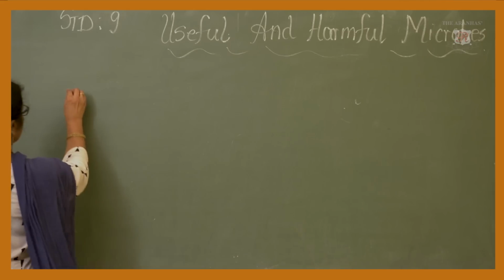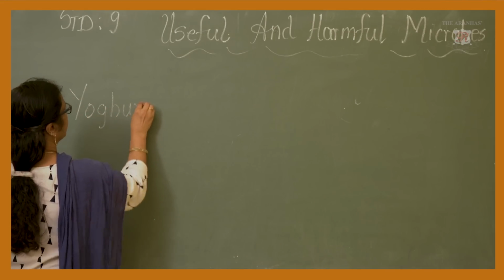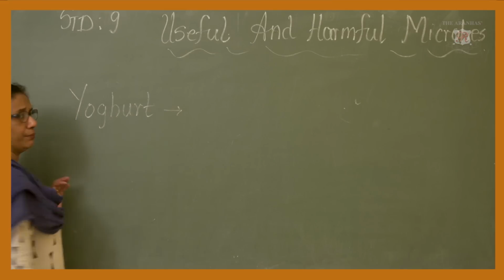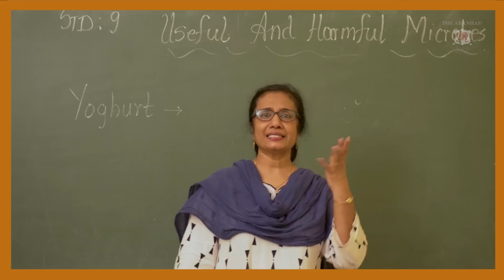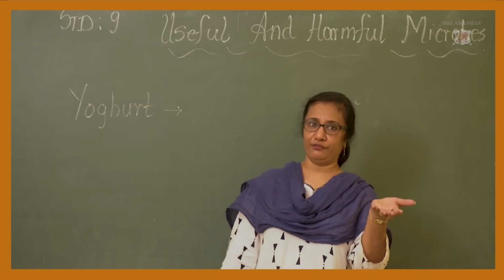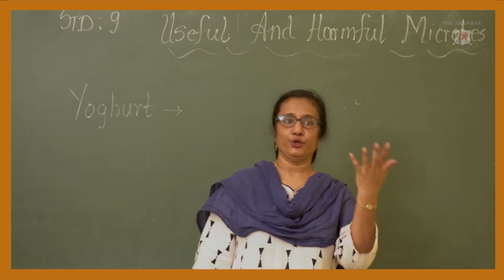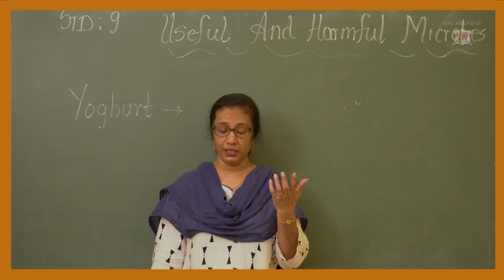Now I have used the word yogurt. You all also have heard this. What does this word yogurt mean? Can anybody tell me what does that word yogurt mean? It is nothing but your dahi. Yes, dahi. From dahi you make different things. You make curry, you make buttermilk, which you consume during the summer season. It is very good for the health.